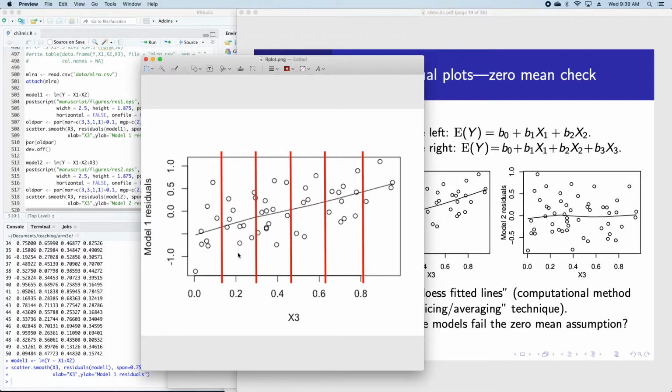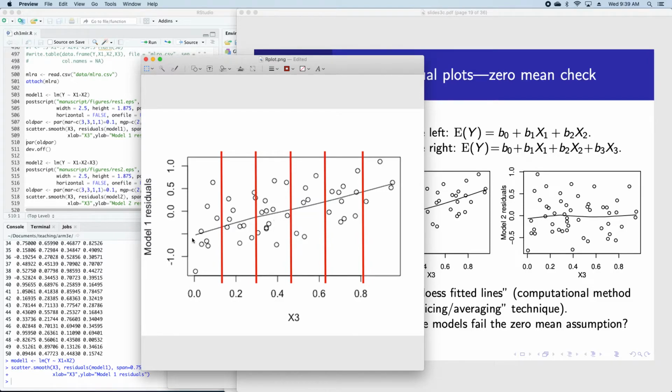If I move to the next band, I'm thinking about the residuals in this band and asking myself, what's the average residual for these points? And it's about here, right where the LOESS smooth is. And then in this band, I'm doing the same thing. What's the average residual for these plotted points? It's right around here.